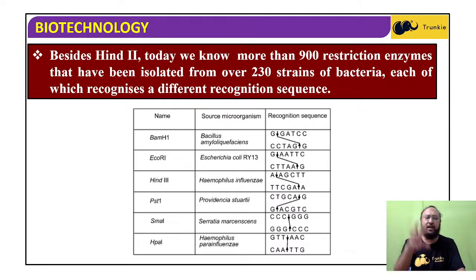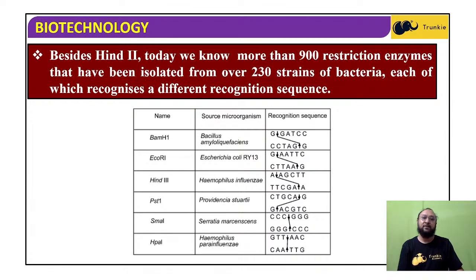Some of these are named, such as BamH1, from the source microorganism Bacillus amyloliquefaciens. That is the bacteria from which it was isolated.